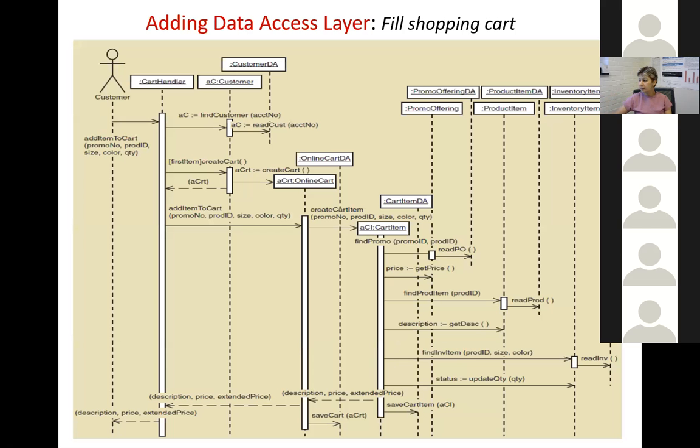And look at this. Again, I told you where the data access layer objects should be placed. My question, or the better question to ask, is when they actually do the work for you, because you can place them anywhere. So let's say this customer DA is reading right at the beginning.